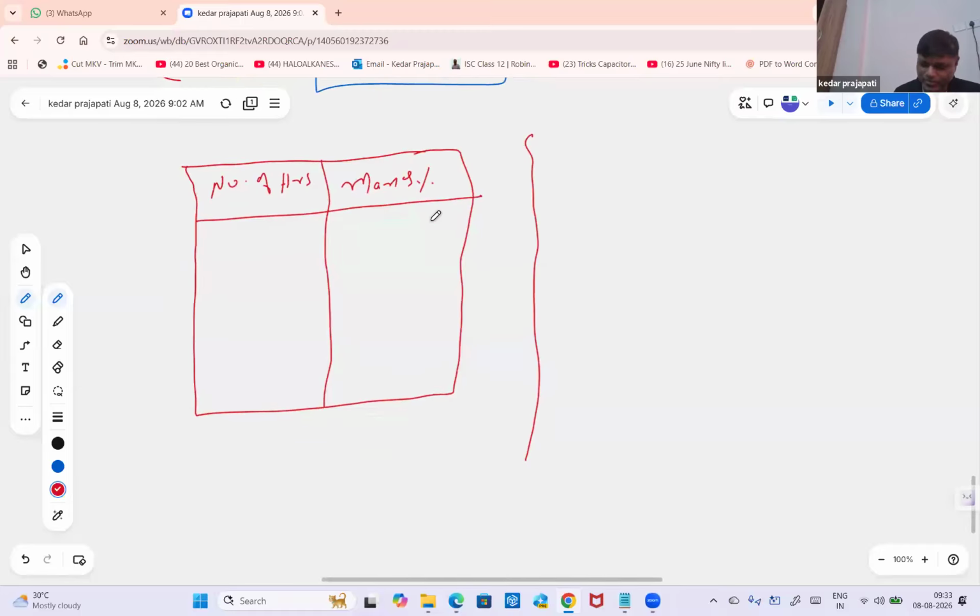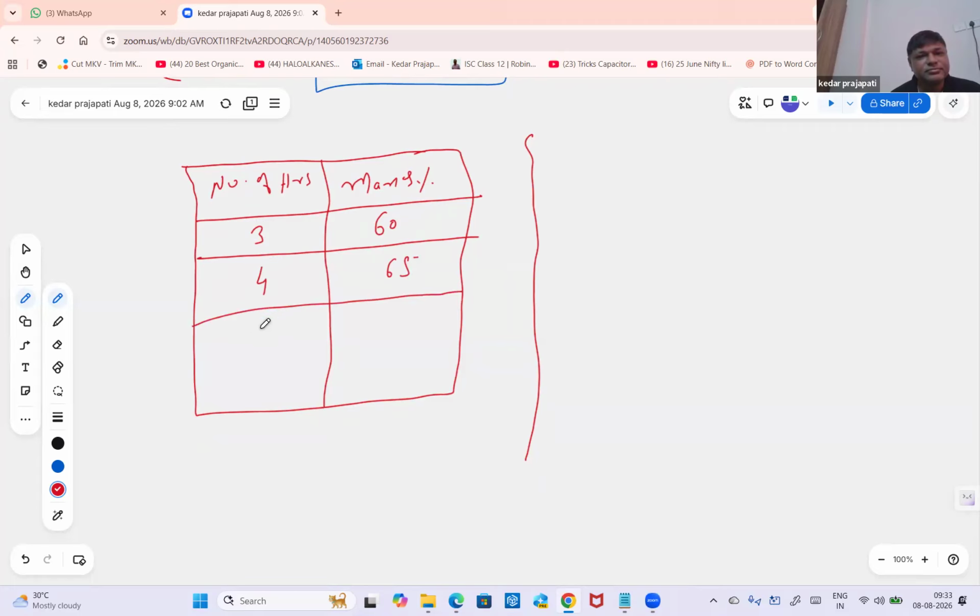Suppose if someone studies 3 hours per day, he is getting around 60% marks. 4 hours, then maybe 65%. 5 hours, then his marks will increase to 70%. 8 hours, then 80%, something like that.